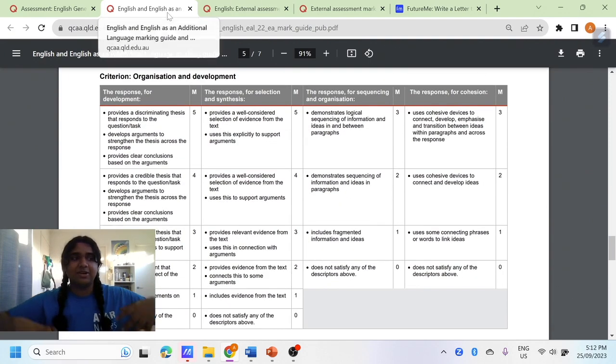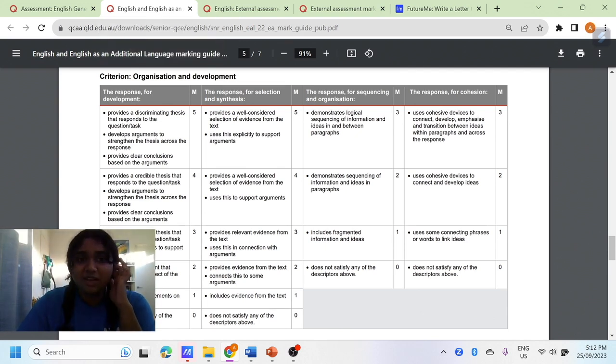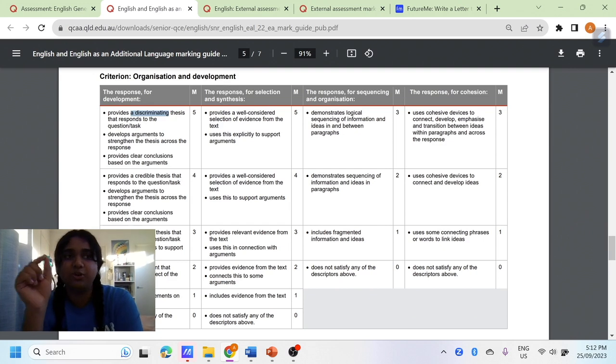Second criteria is about your actual structure and the development of your essay. So making sure that your introduction contains an appropriate thesis. Discriminating thesis basically means that you have answered the question in an extremely specific way, and it's a unique take. You're not just regurgitating what your English teacher might have told you.